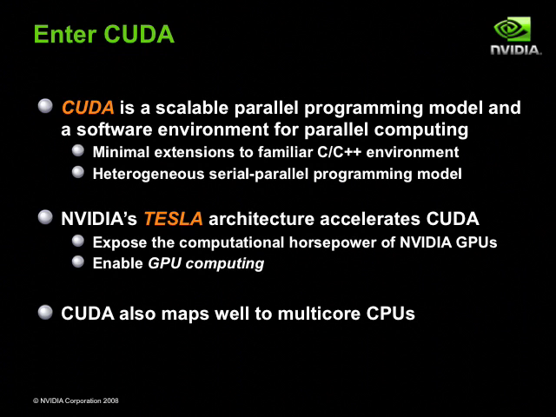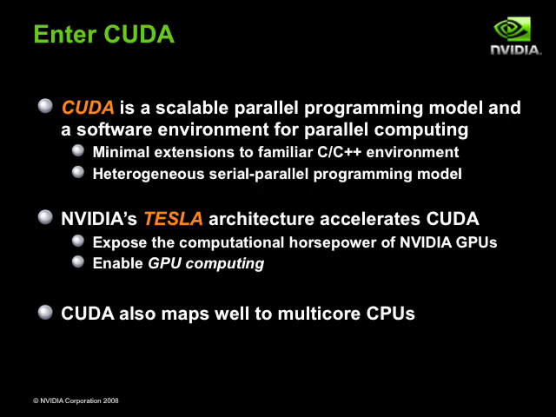CUDA, which stands for Compute Unified Device Architecture, is a parallel programming model that has been designed for scalability. It is also a software environment that instantiates this parallel computing model. It consists of a small set of extensions to the C programming language, which results in a low learning curve. CUDA is a heterogeneous computing model, where the CPU and GPU are used in portions of the application where they are strongest.